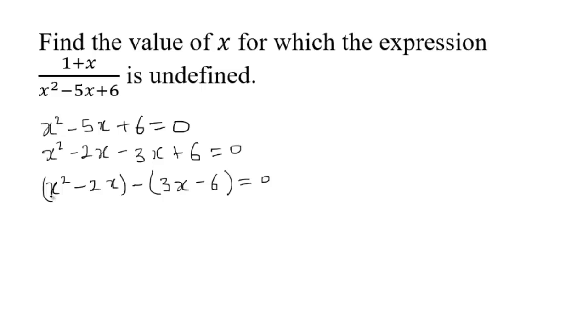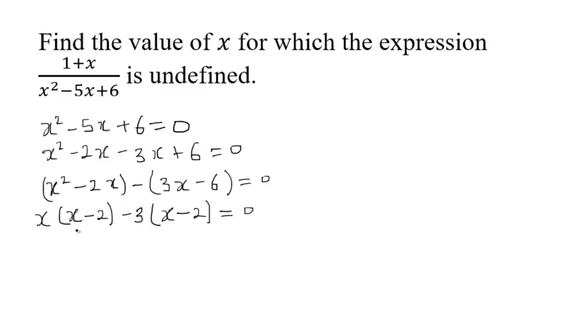Okay, so in the first bracket, x squared minus 2x, we need to factor the common term out, and the common term here is x. So x is factored out. What is left is x minus 2. Minus 3x and 6: the highest common factor is 3. So 3 is brought out. What is left here is x. Now what number multiplies 3 to give you 6? That is 2. So this is what we have here.